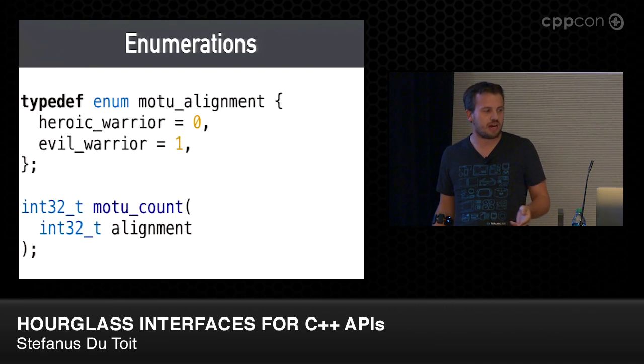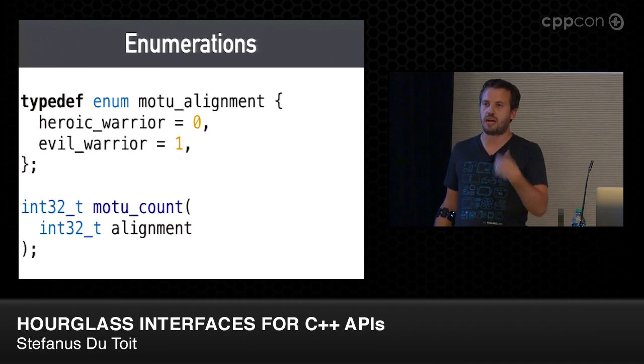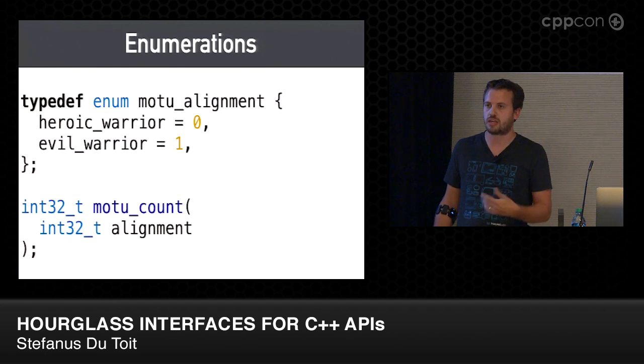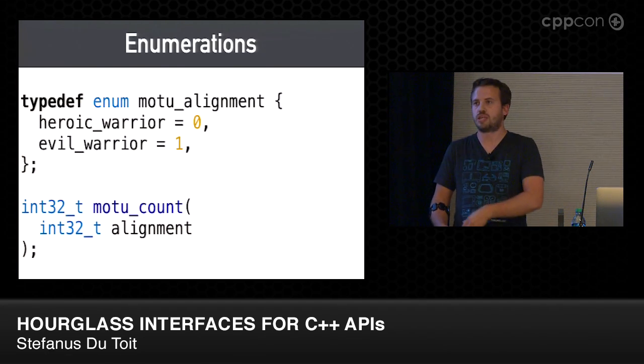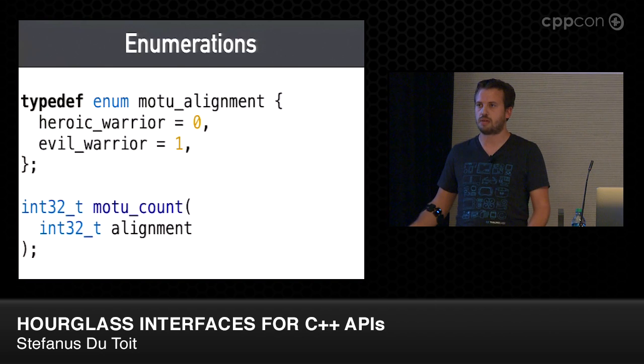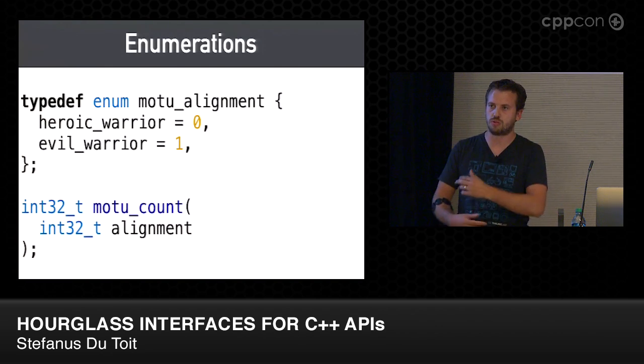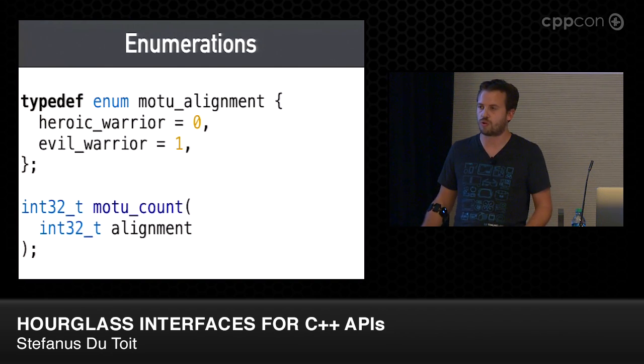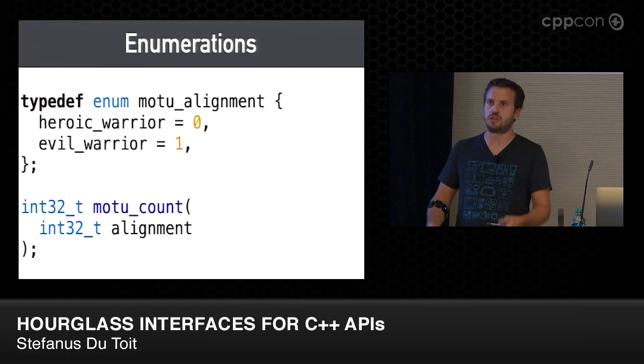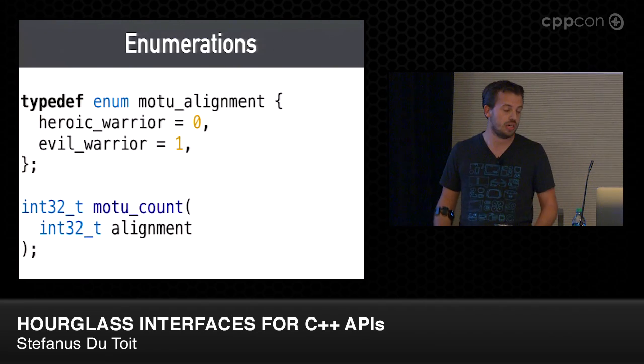So enumerations are fine, but you generally don't want to pass them as parameters. And again, the reason for this is kind of subtle. Enumerations have a different underlying type depending on potentially which values you actually list in them and so forth. So an enum that uses a 32-bit unsigned type might suddenly become a 64-bit unsigned type if you add a certain value to it, or it might become signed and so forth.